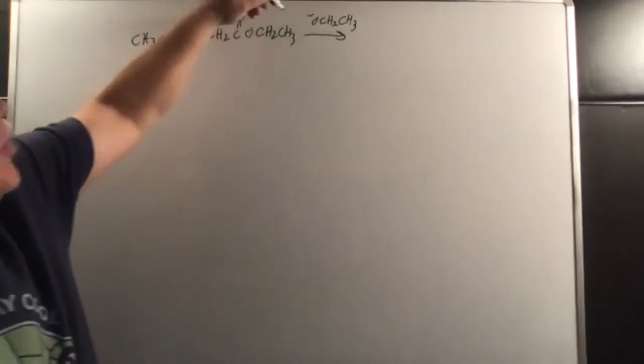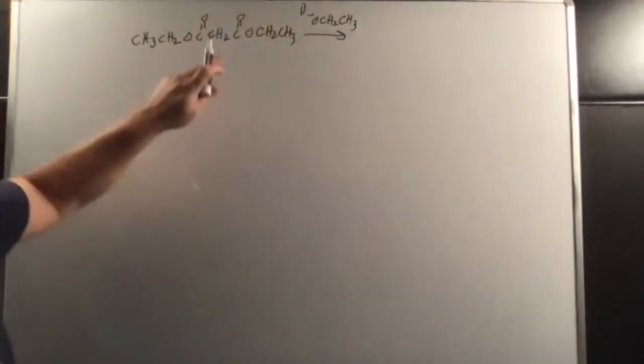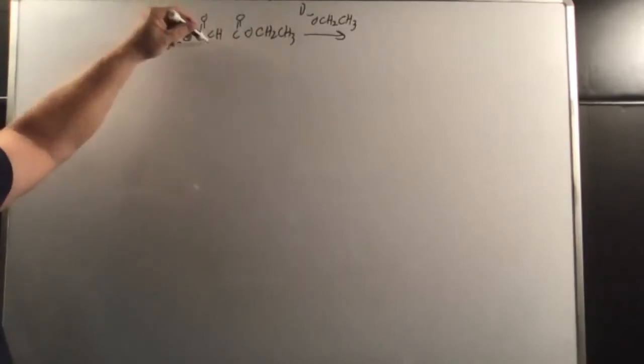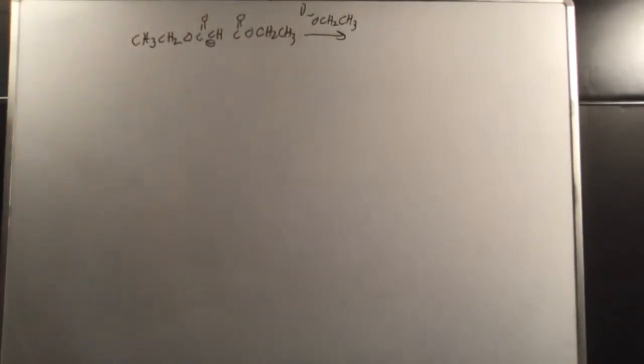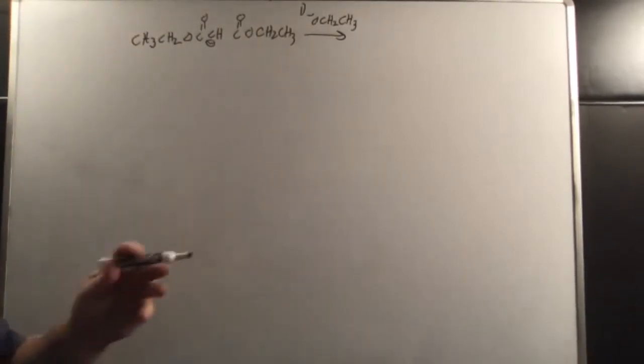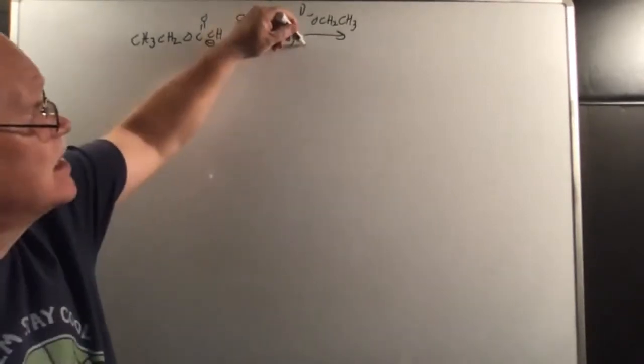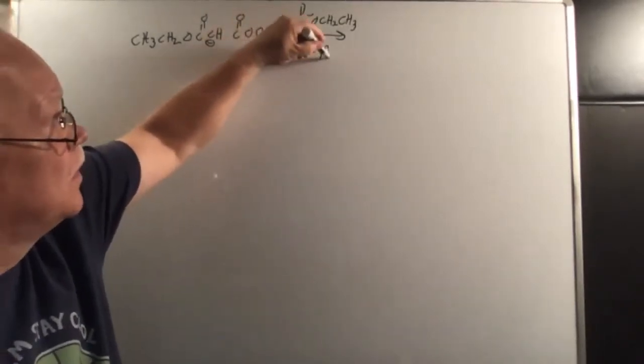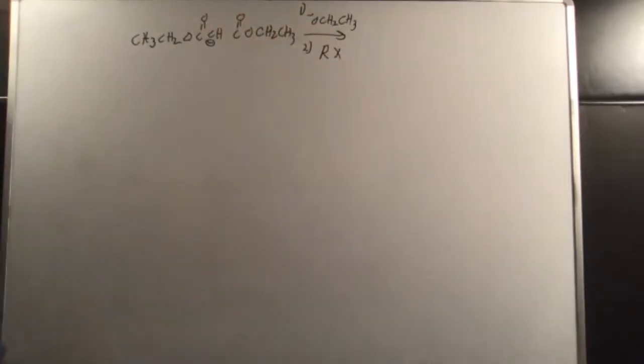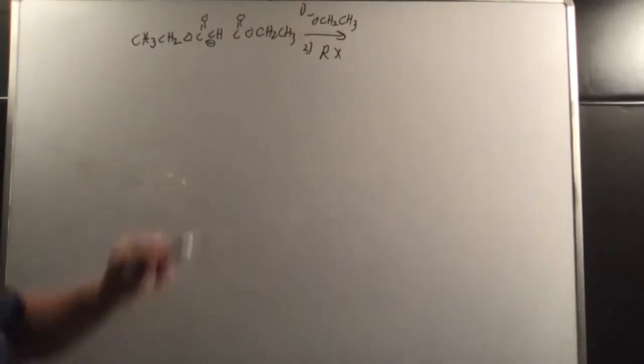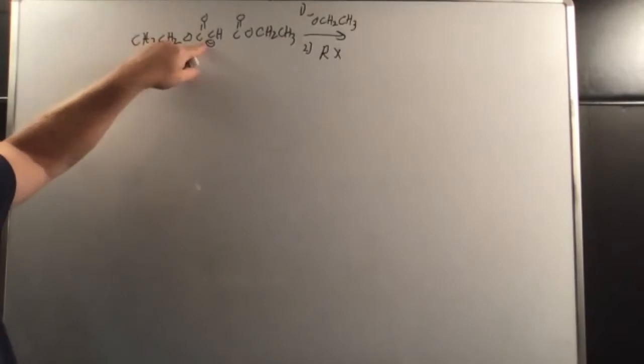So if I do that in step 1, notice what it does. It deprotonates that. Now, if I add an alkyl halide to that in step 2, now let's pretend that alkyl halide is primary.